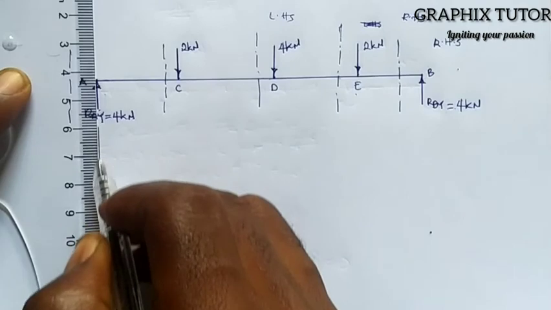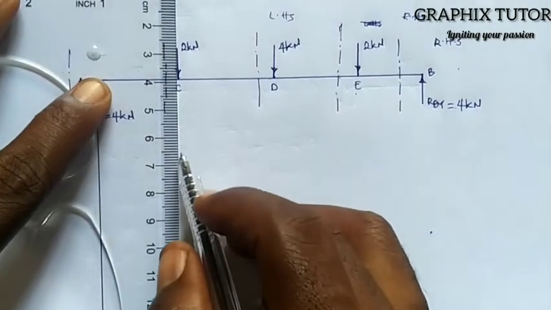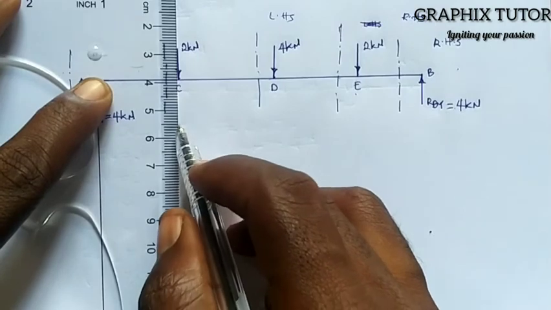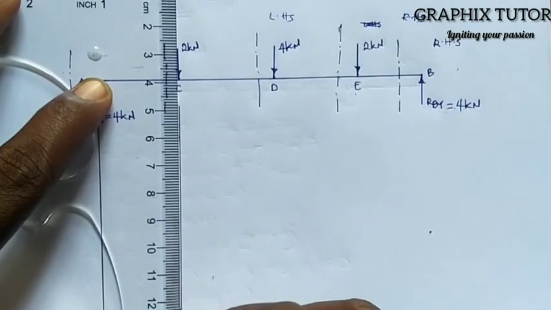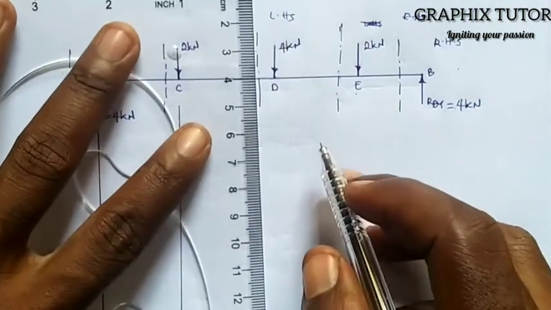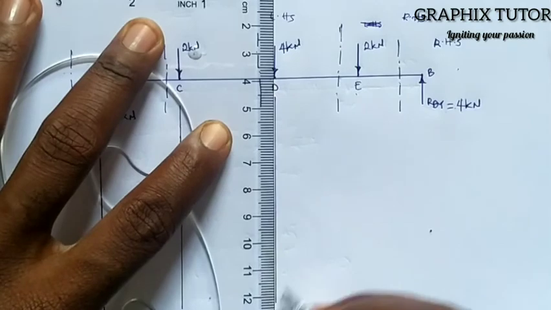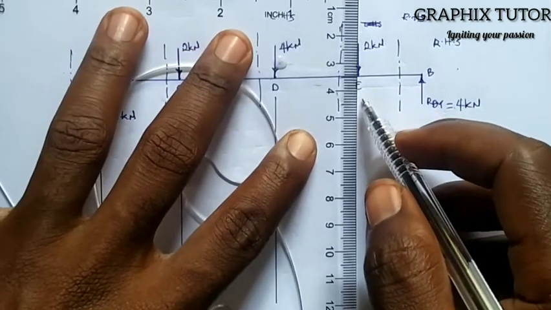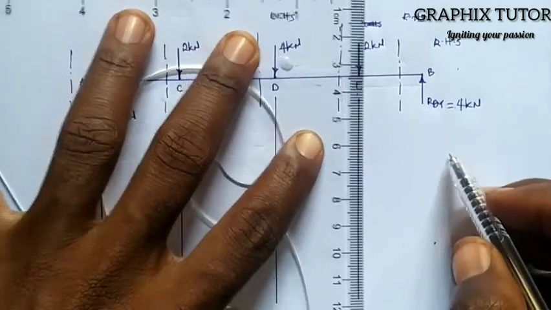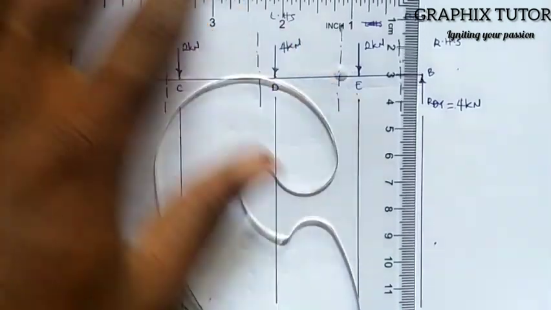At point C, you draw another line. At point D, you do the same thing. At point E, you do the same thing. At point B, you do the same thing. And you join the span.